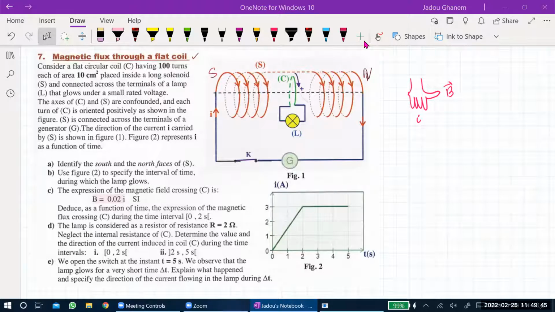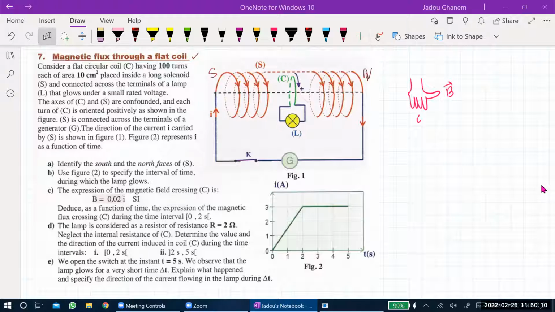Let me just move to Ghiwa before Rayan. Ghiwa, can you give me your answer, why you chose this time interval between 0 and 2? When I increases, it starts passing through the solenoid to reach the lamp in order to glow. Okay. So you mean the current is flowing through the lamp, right? Yes.